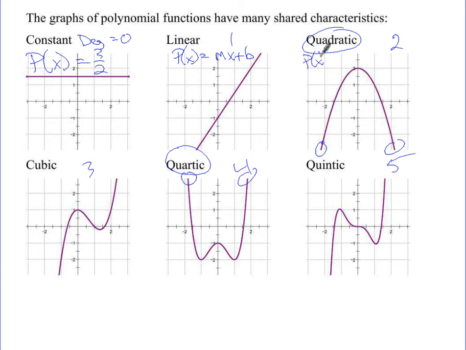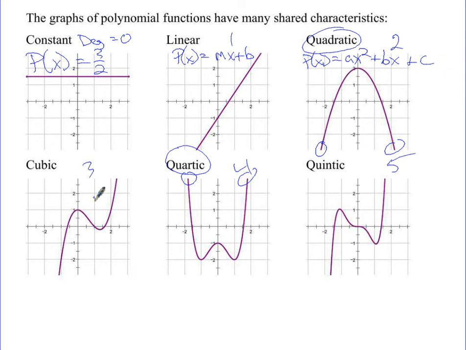P of x equals ax squared plus bx plus c. So I could have called this p of x equals a, and this p of x equals ax plus b. Then over here I have p of x equals ax squared plus bx plus c.